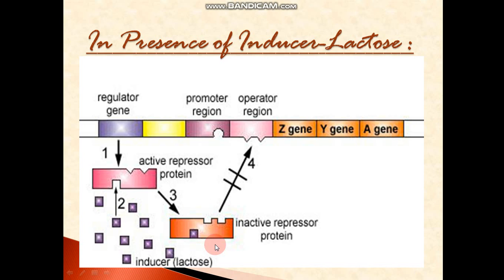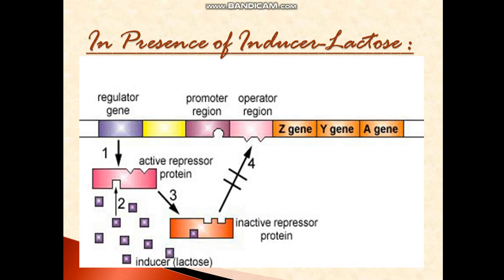And due to this complex formation, once the repressor has bound to one thing, it will not go and bind to the operator, because actually it wants to bind with someone. So the regulator gene is producing active repressor. Now instead of going straight away to the operator, it is being restricted in between.